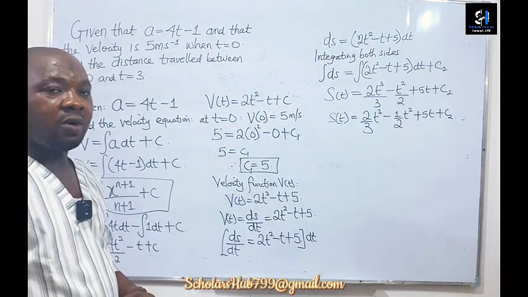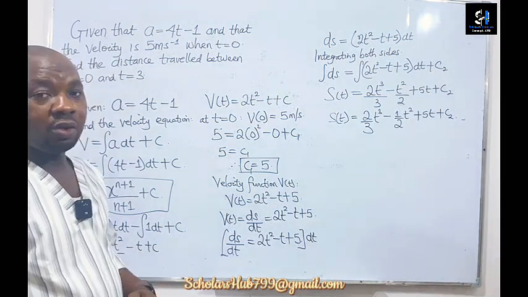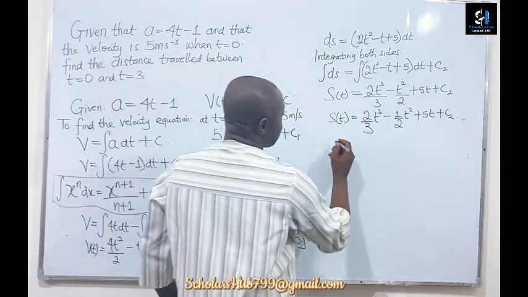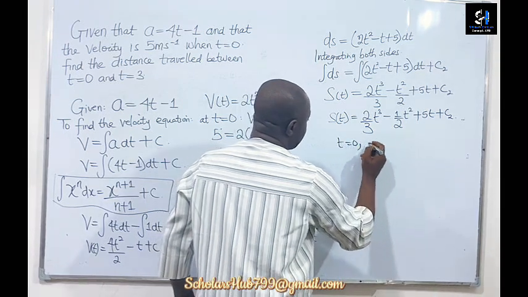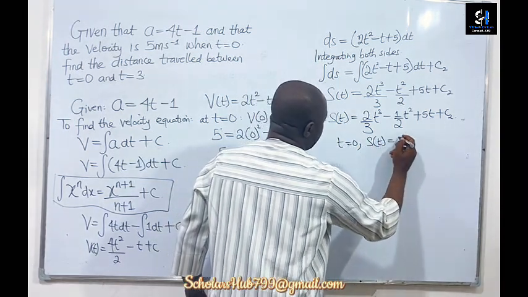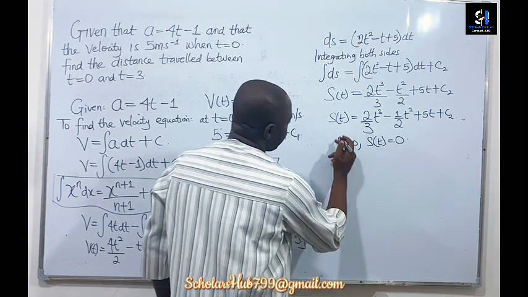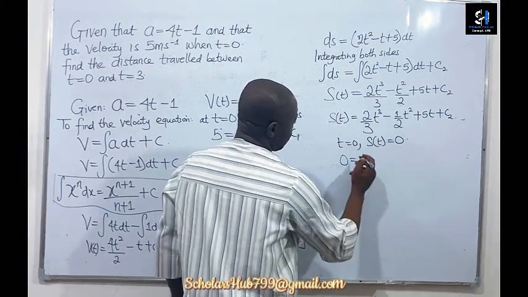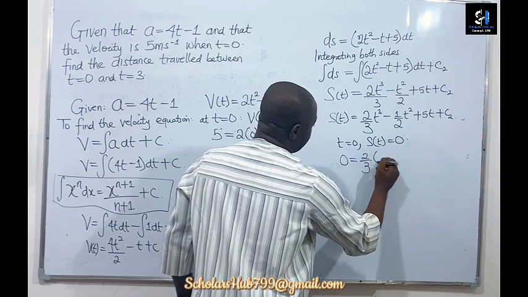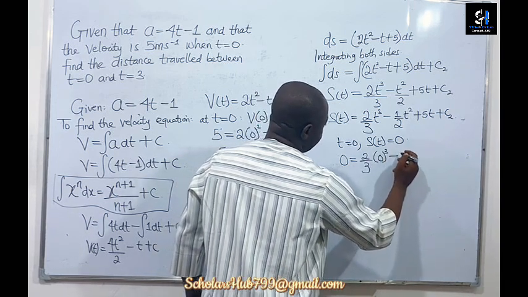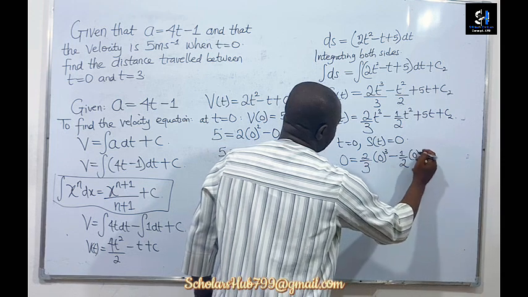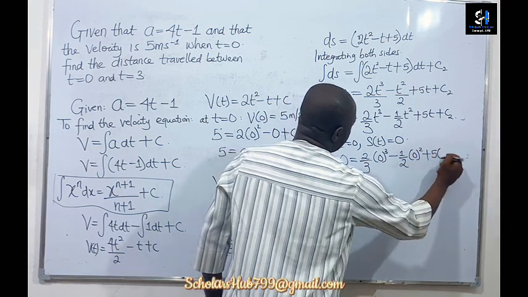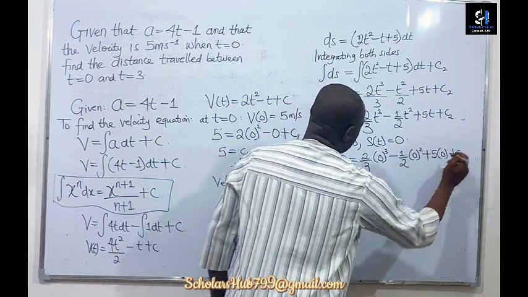Now let's set our initial value condition. That is, when t equals 0, s of t will be equal to 0. So this will be 0 when 2 over 3 multiplied by 0 raised to the power of 3, minus 1 half multiplied by 0 raised to the power of 2, plus 5 times 0, then plus c2, equals 0.